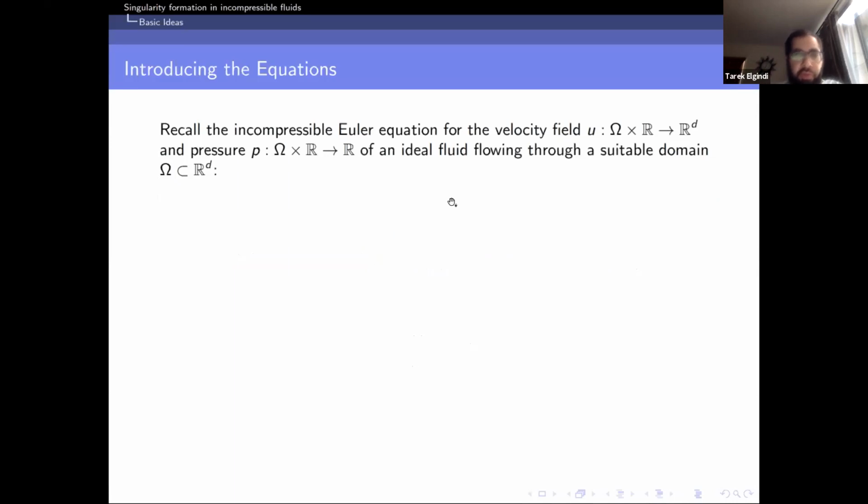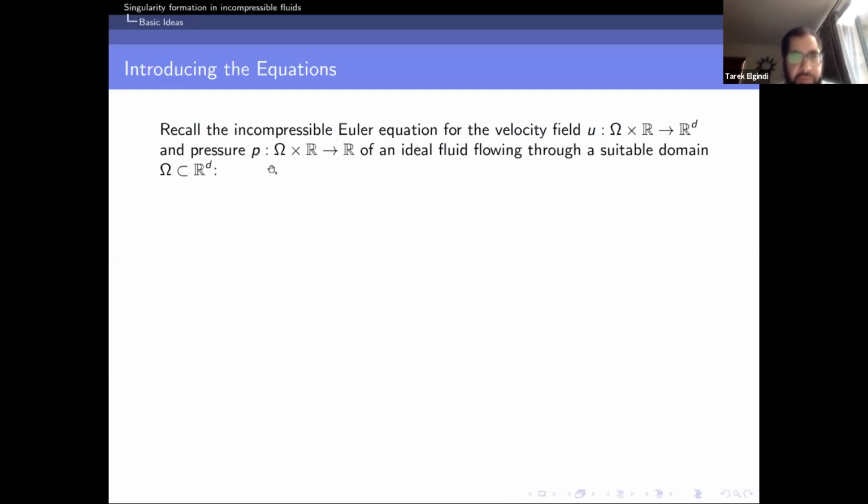The Euler equation is a PDE which models the evolution of a velocity field. So u is the velocity field of an ideal fluid, and omega is the domain of the fluid. Mostly we'll be thinking about omega as the whole space, R^n, and u also depends on time, and it outputs a vector, the velocity.